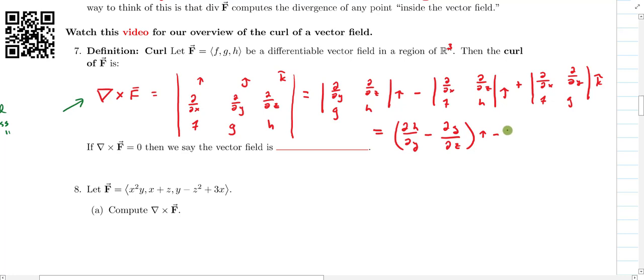Then there's a minus in the formula, and we'll have partial h, partial x, minus partial f, partial z, j hat. And then finally we have partial g, partial x, minus partial f, partial y, k hat for our third component.